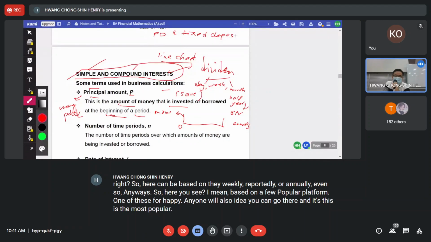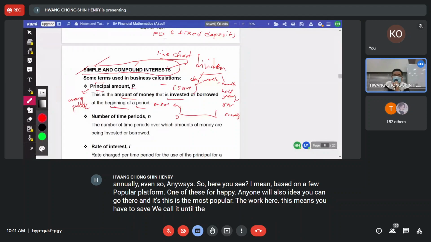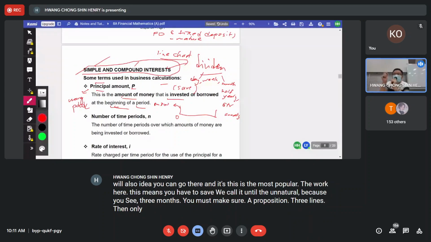Fixed means you have to save until the fund matures. Mature means if you save 3 months, you must make sure the deposit reaches 3 months. Then only you can take out the money. If you withdraw the money early, what happens? It burns off your dividend.